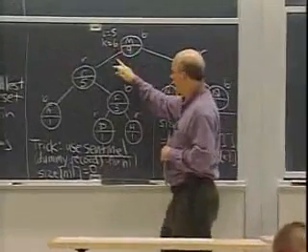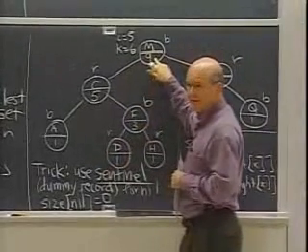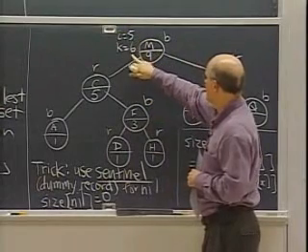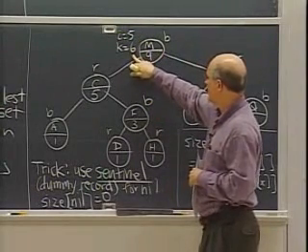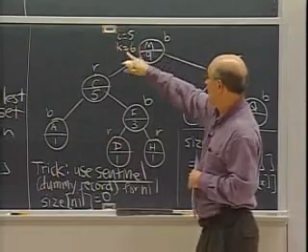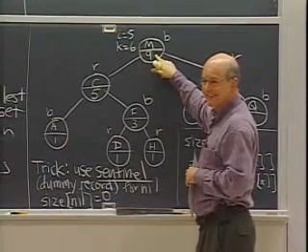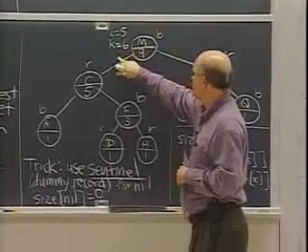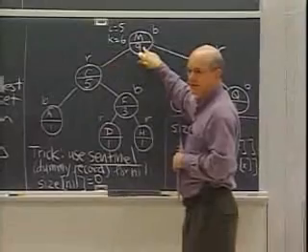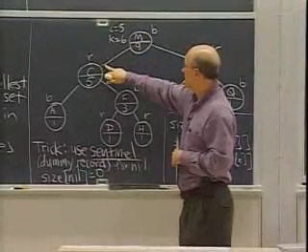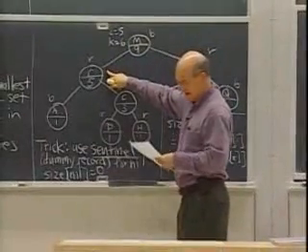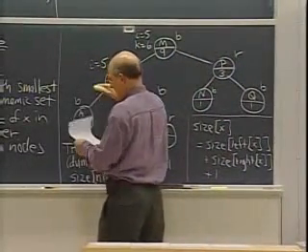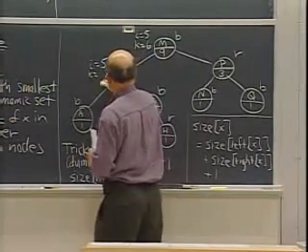So k is always the size of the left subtree plus 1. That's just the rank of the current node. So we look here and say the rank is k. Now, if it's equal, then we found the element we want. But otherwise, if i is less, we know it's going to be in the left subtree. So all we're doing then is recursing into the left subtree. Here we'll recurse. We'll want the fifth largest one. And now, this time, k is going to be equal to what?